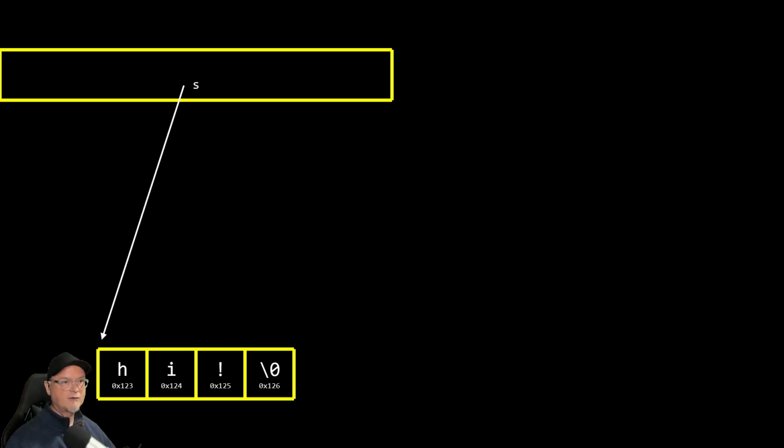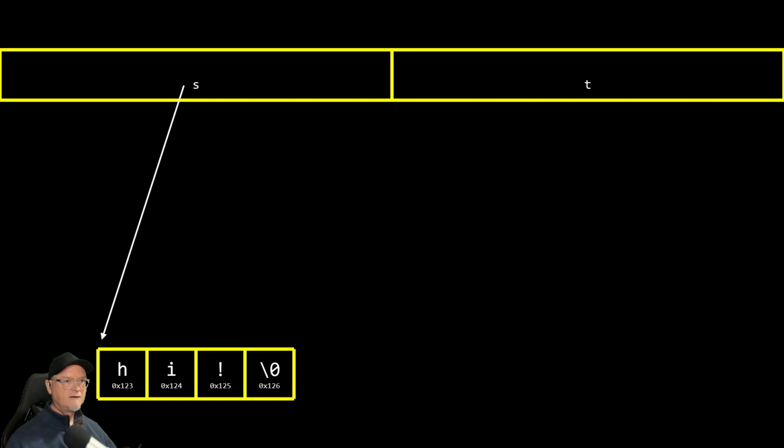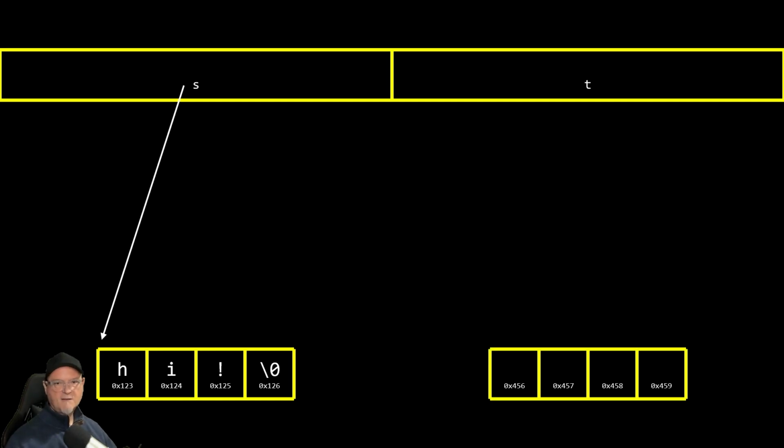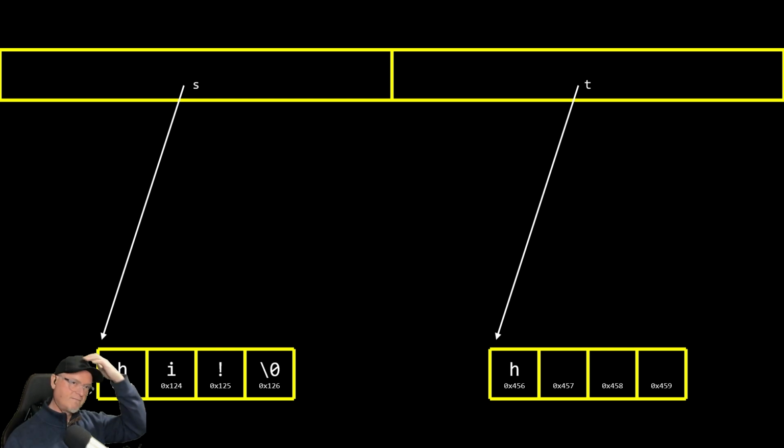Go through those examples. So we've got our pointer s. It's pointing to a character array. We've got our other pointer, t, and it's pointing to a different place in memory. What is happening in some of those programs is we're reading the character array one character at a time, and we're writing it in memory.